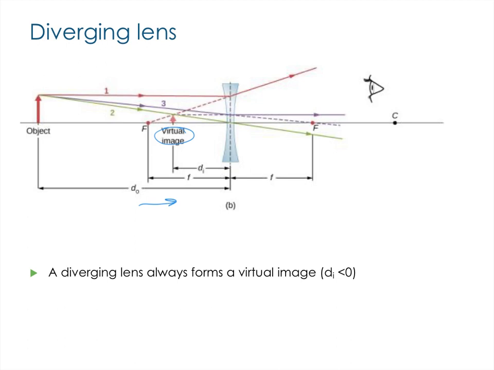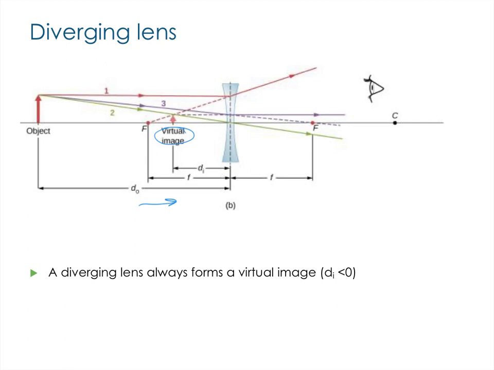I always think of it, virtual images appear to be where you don't expect them. For instance, a real image for a mirror would appear in front of the mirror. A virtual image for a mirror appears behind the mirror. And now for lenses, it's switched just because of the nature of the device.